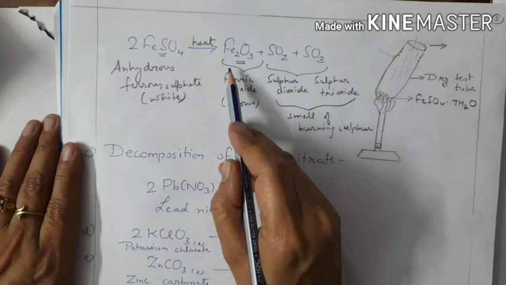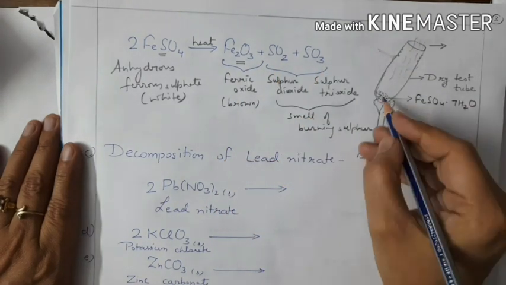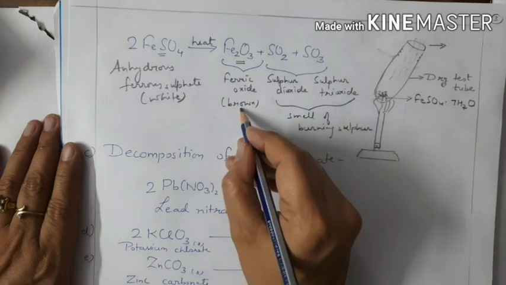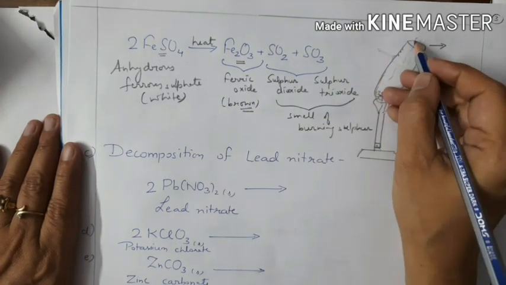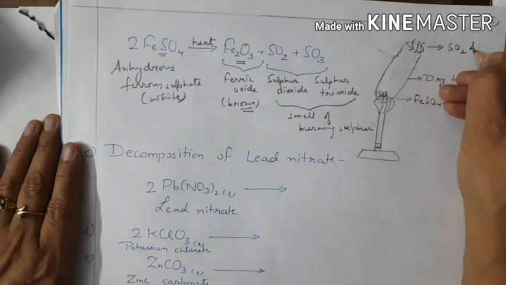What are they? They are ferric oxide, sulfur dioxide and sulfur trioxide. So here ferric oxide is left behind in the test tube in the form of brown colored substance. We find some gases are coming out of the test tubes. Which are these 2 gases?